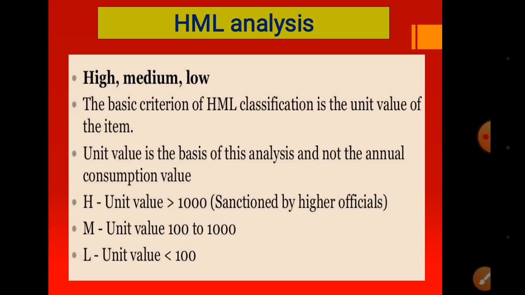The high items are those whose unit value is greater than 1000, sanctioned by higher officials. The M items, that is medium items, have a unit value within 100 to 1000, and the low items have a unit value less than 100.